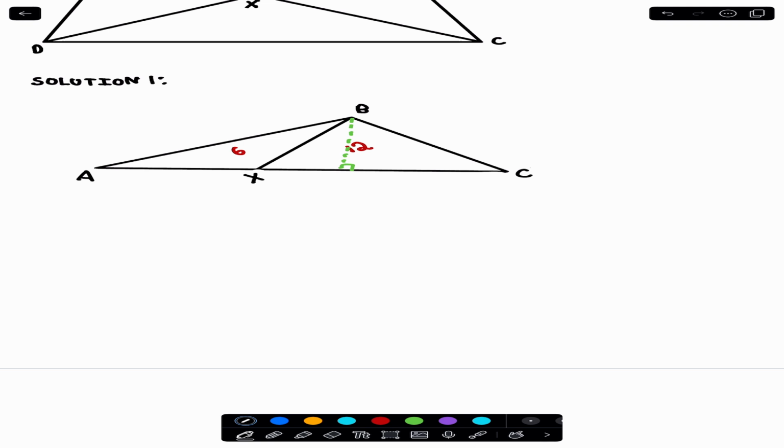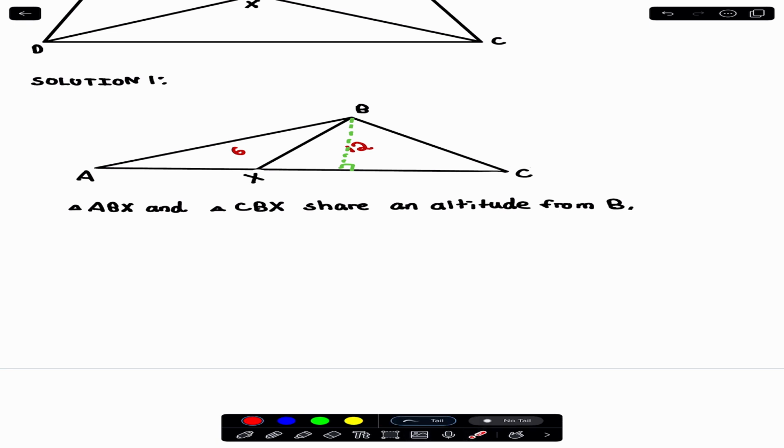So notice triangles ABX and CBX share an altitude from point B. When in doubt, always just draw the triangles out.